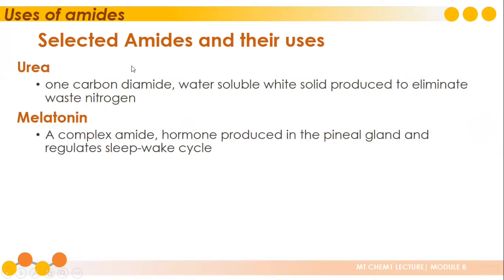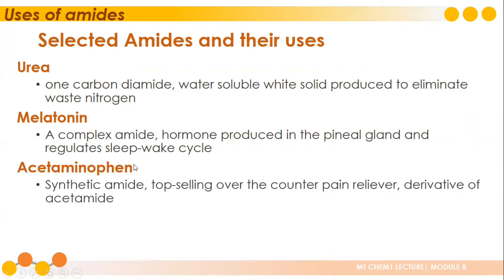Melatonin is also an example of an amide. It is a complex amide and a hormone that is produced in the pineal gland. It regulates the sleep-wake cycle. Acetaminophen is a synthetic amide and is considered a top-selling over-the-counter pain reliever.